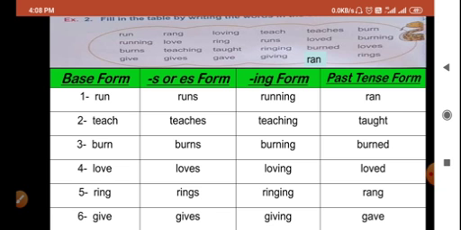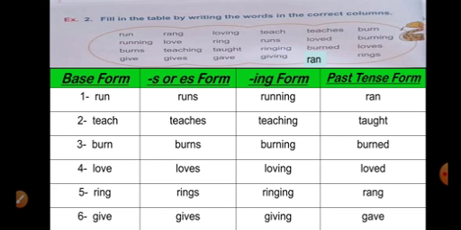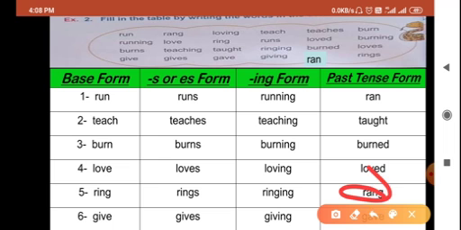In the earlier slide where I gave you the list of different forms of verbs, these are all mentioned. So if you face any confusion, you can check that table. So we will write rang in the column of past tense form.